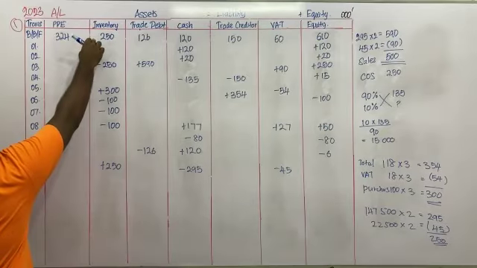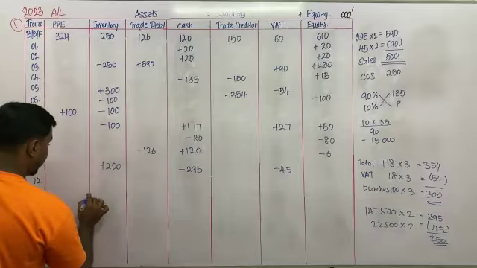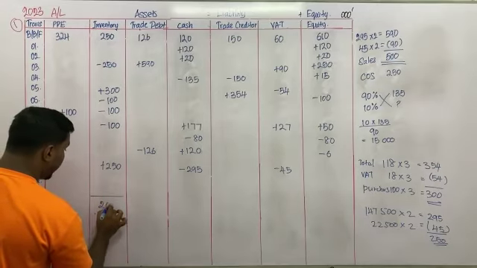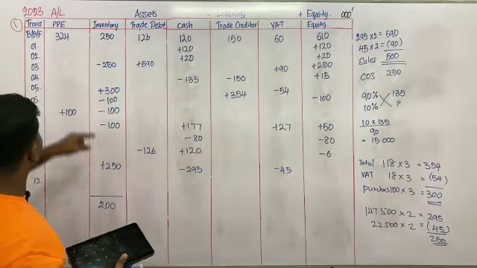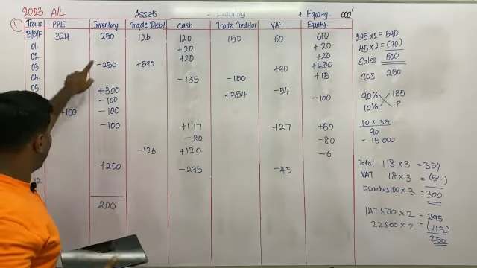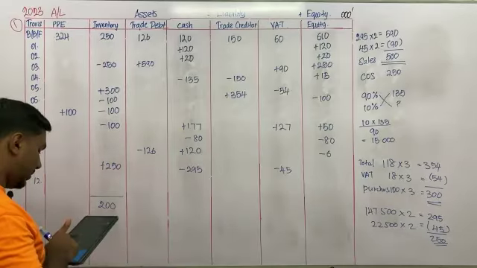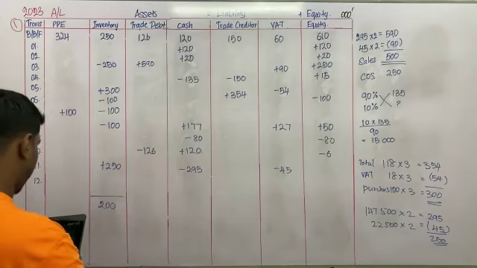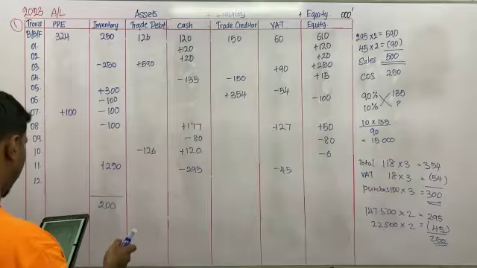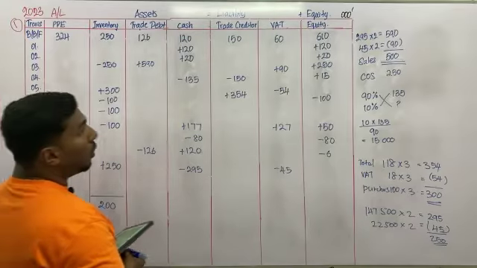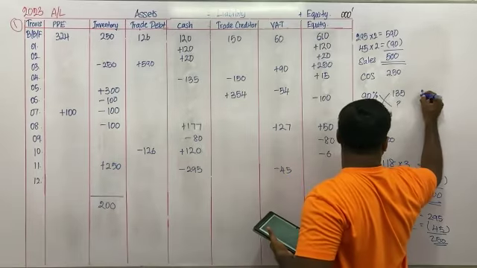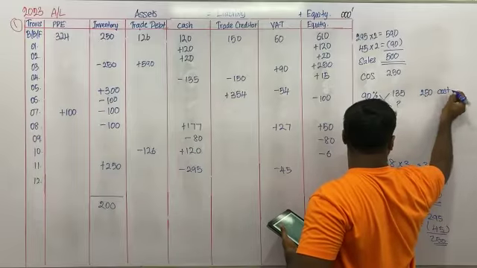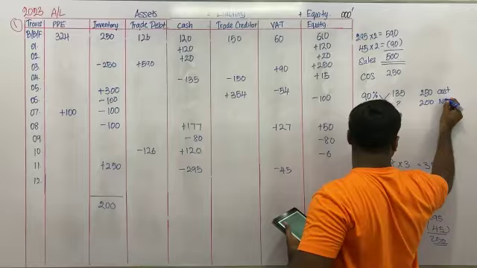In order to calculate the closing inventory, we have to get the total balance, calculating the numbers up to this point. 250,000 was the cost closing value, but 200,000 was the net realizable value.